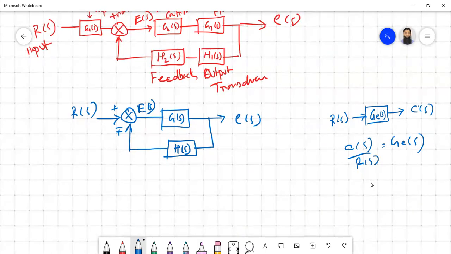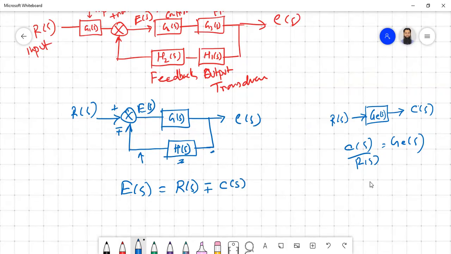Now for that, let us try to see what E of S is. E of S can be written as RS, as RS is positive, then minus plus this signal. What is this signal? This is just the multiplication of H and the output that is coming, so basically CS times HS.